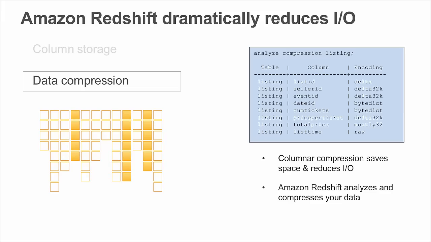Another big benefit of column storage is data compression. If you think about data being stored in columns, it's typically all of the same type. It's relatively homogeneous. And so by storing each column independently, Redshift is able to compress the data in the column very effectively. And compression has two big benefits. One is it lowers your costs because you can typically scale down the cluster that you need.